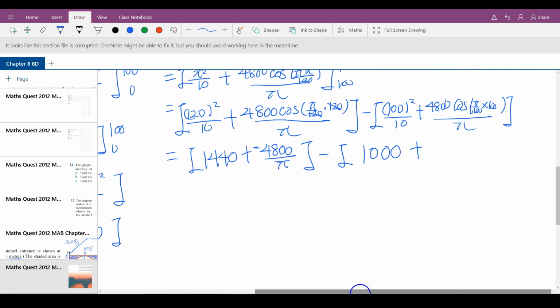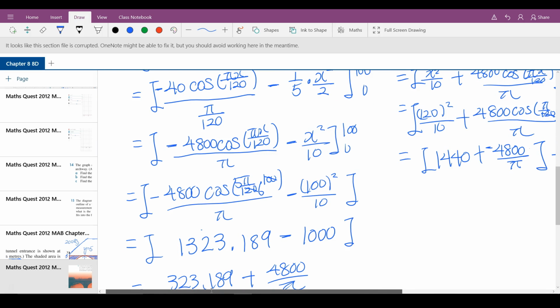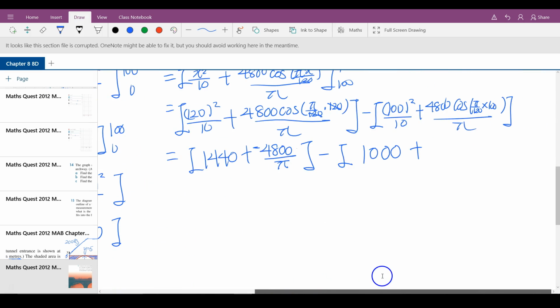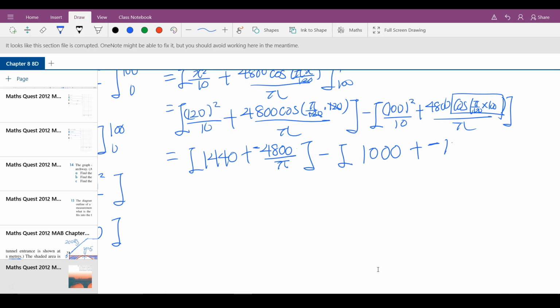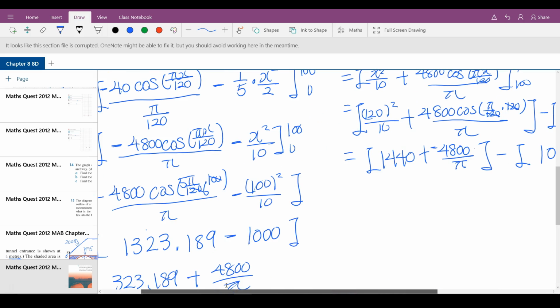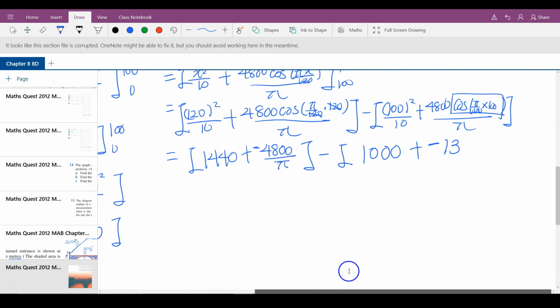Yeah, but instead of positive, this time would be negative, because I know this gives me a negative value. So it's negative 1,323.189. Right.